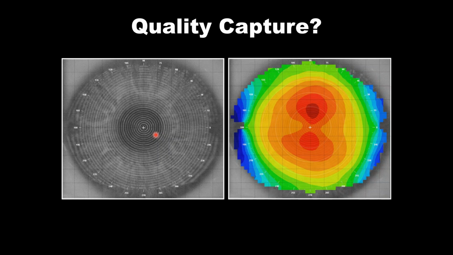Now, the topography that's created by that image is this one. And I similarly believe this is a good topography because if you look at all of these contours, they have this smooth and well-rounded nature to them. That indicates to me that we're seeing the normal, steepest to flattest corneal nature that exists in a healthy, normal eye.